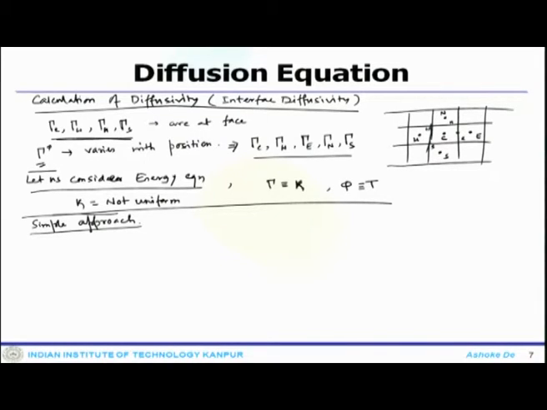One simple approach is to use the values of gamma at cell centers C and E to get an estimate at face E by some sort of arithmetic mean.